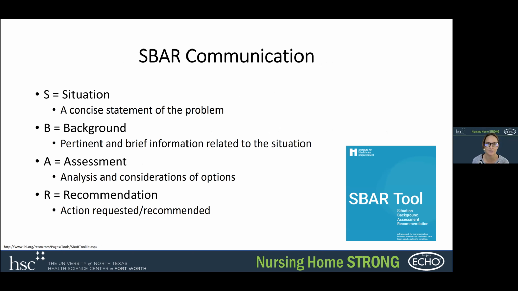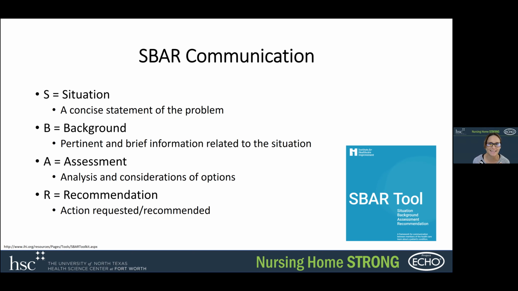Again, SBAR is nothing new. Really using it effectively and making sure that we're using it every time can sometimes be a challenge. I think everyone knows SBAR stands for Situation, Background, Assessment, Recommendation. This is a framework for making sure that the right information is being communicated every time between nurse and provider, and so it has the potential to reduce some prescribing errors.